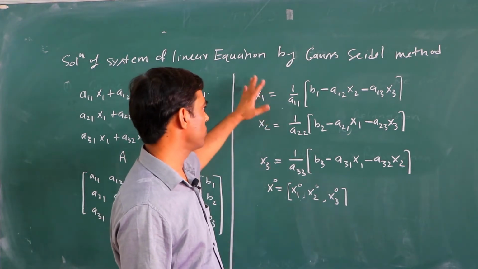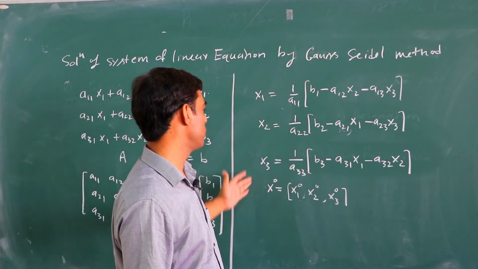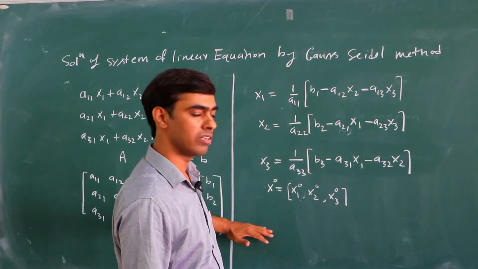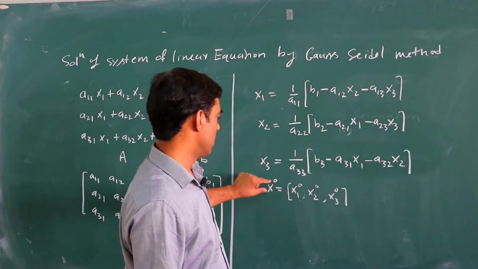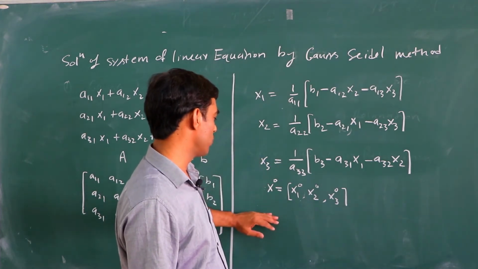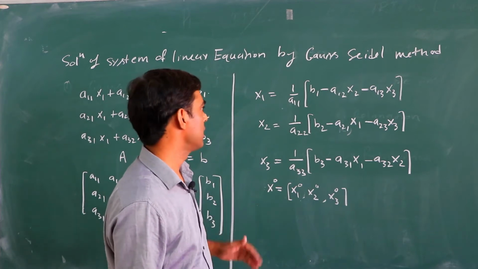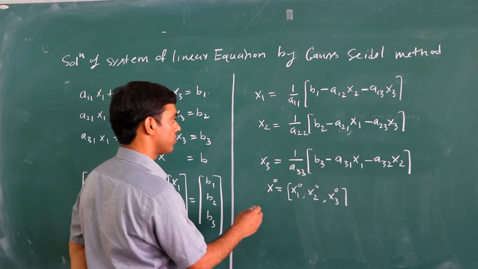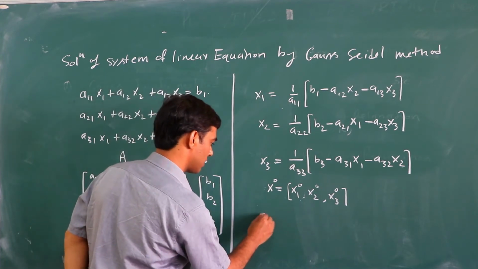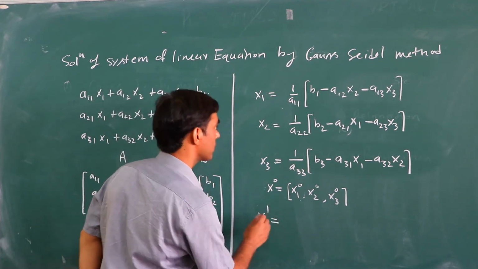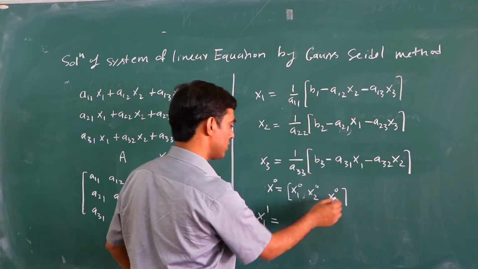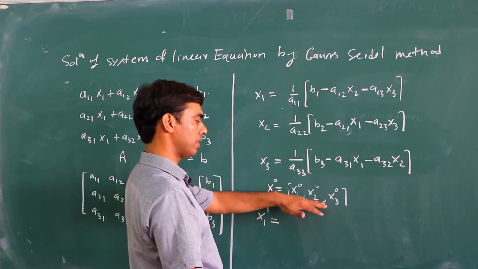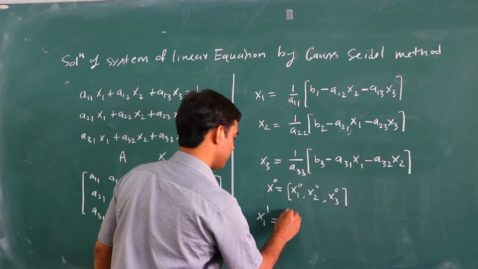In the Gauss-Jacobi method, after calculating all the values in the next iteration, we use the initial values to find the values of x1. But in the Gauss Seidel method, to find the new value of x1, meaning x11, we use x20 and x30, because these are the last updated values of x2 and x3.